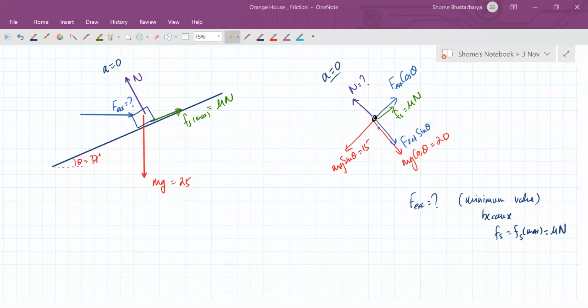Okay, just try to now balance the forces in the second part of the free body diagram where we have resolved the forces already.